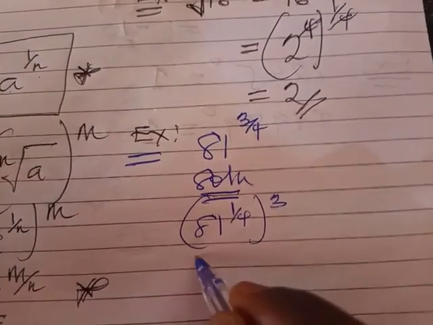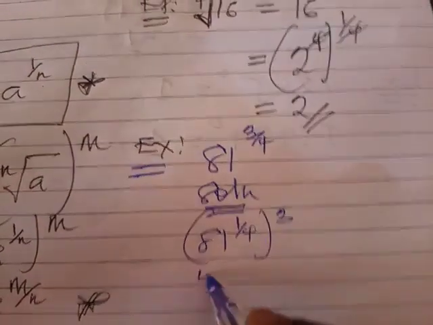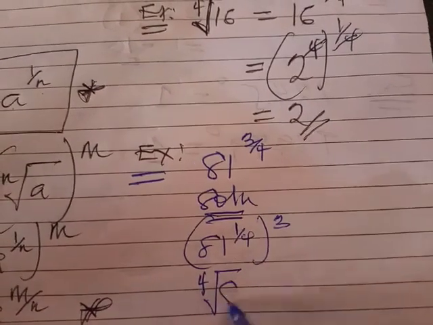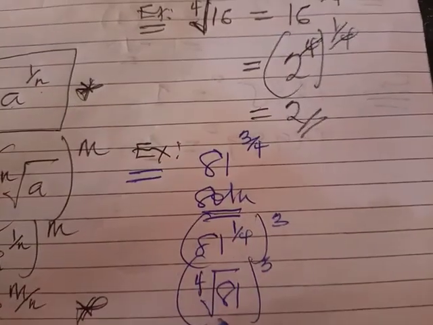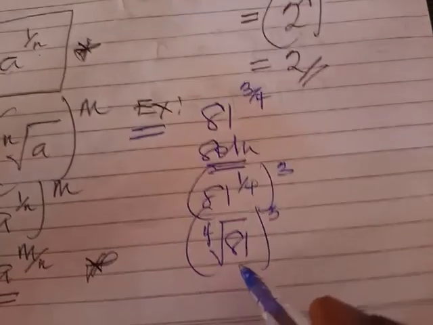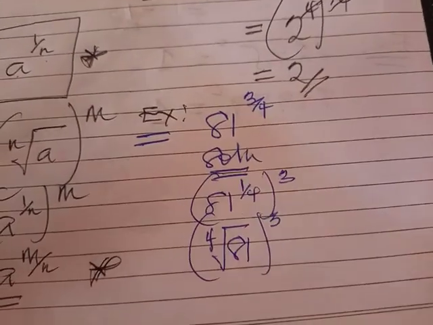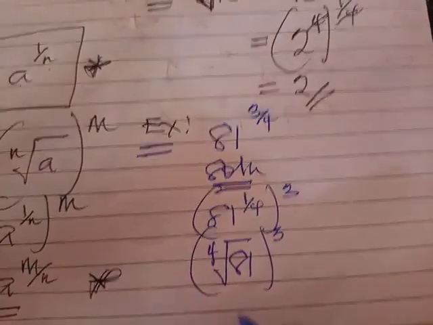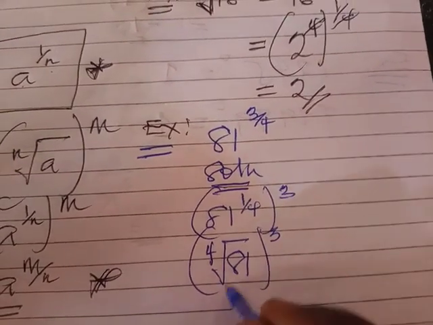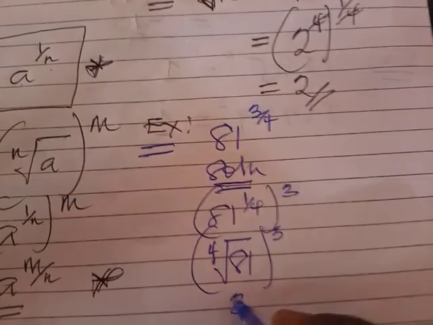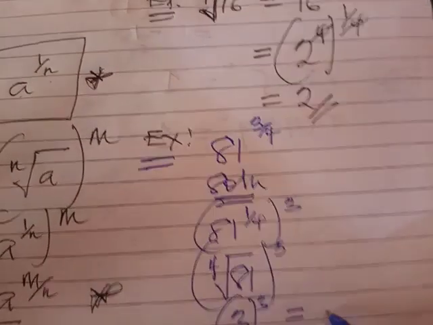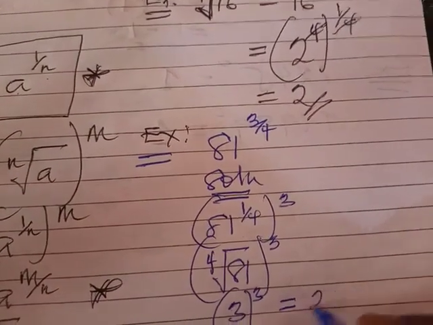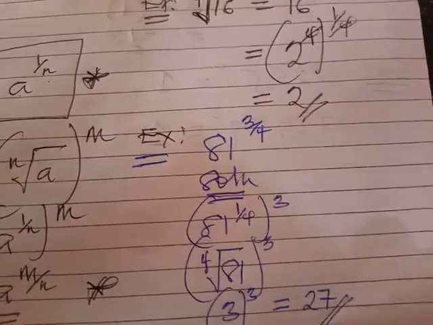And this thing can be written as the fourth root of 81 exponent 3. And the fourth root of 81 means, what number can multiply itself 4 times to get 81? And the only number that can multiply itself 4 times to get 81 is 3. So you'll be left with 3 exponent 3, and 3 exponent 3 is 27.